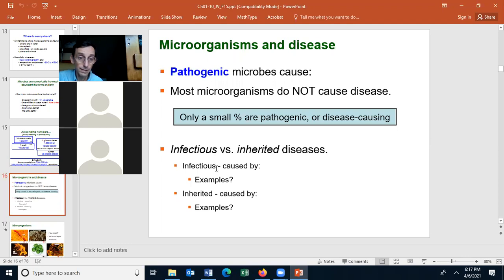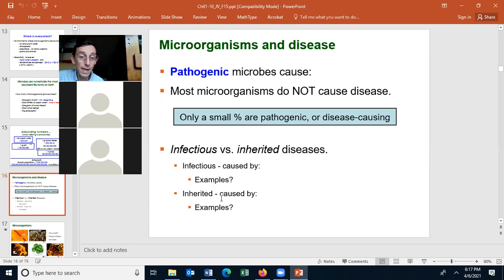Can anyone give me an example of an infectious disease? Come on, people, we're in an epidemic. Chlamydia. Yeah, that's an infectious disease. What's the infectious disease that's currently a world pandemic? COVID-19, another infectious disease.